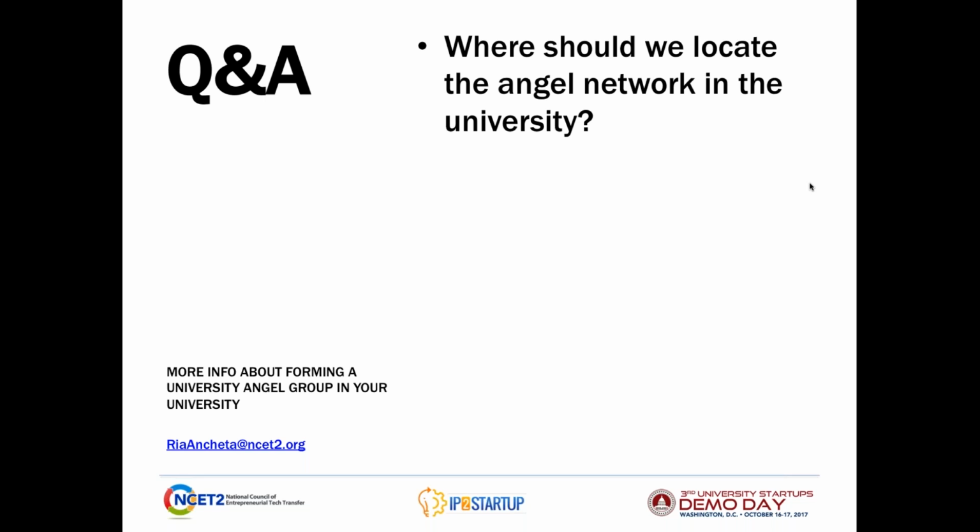Since we're keeping this order, I think that's really university dependent. It varies significantly. I've seen them located in the College of Business, which makes some sense, since most of the people who are going to be angels have probably started their own companies, as Tony said. I've seen them located in the tech transfer area, which is probably the least likely location.